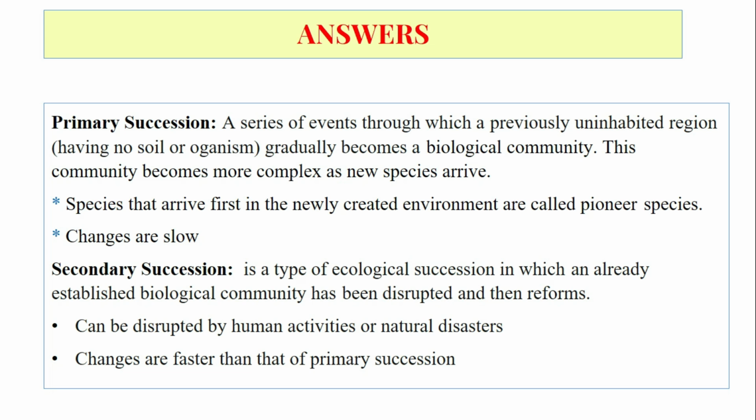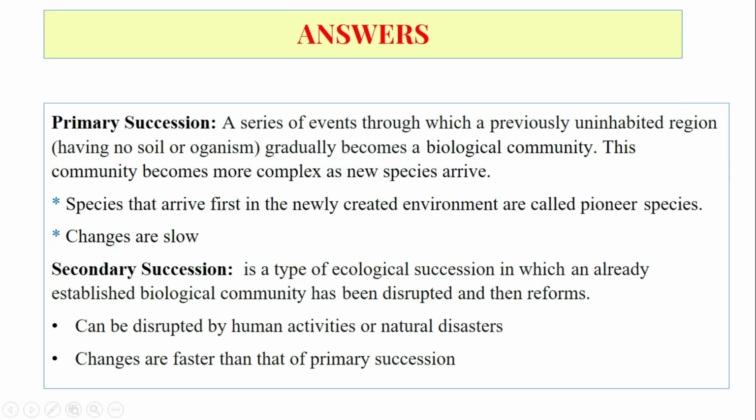So there is an existing biological community, for example a forest. It has the trees, it has animals, microbes, everything. And then we have a bushfire. Bushfire destroys the plants, but then it will regrow back to its biological community.